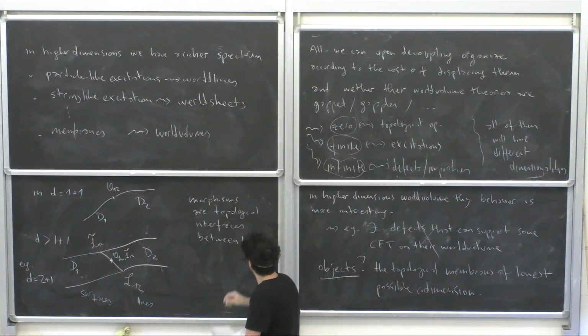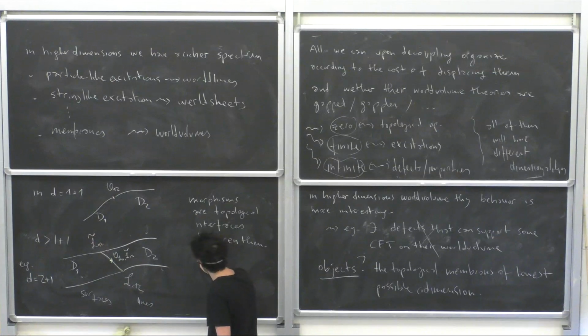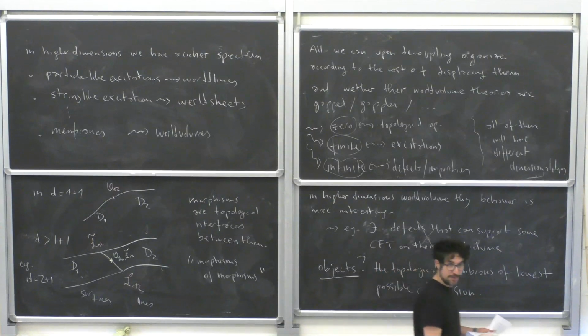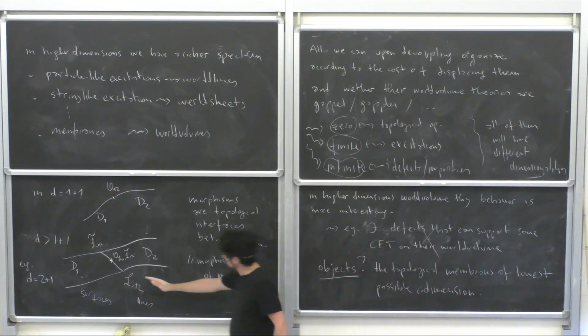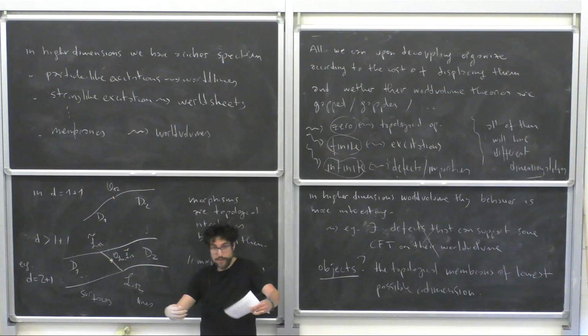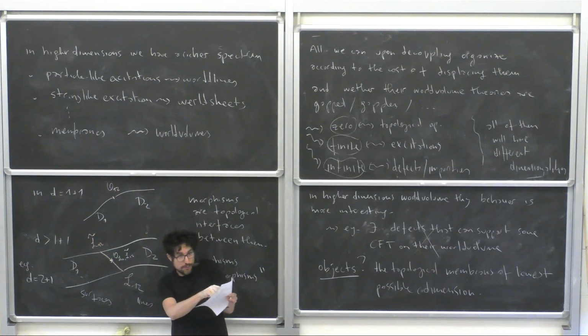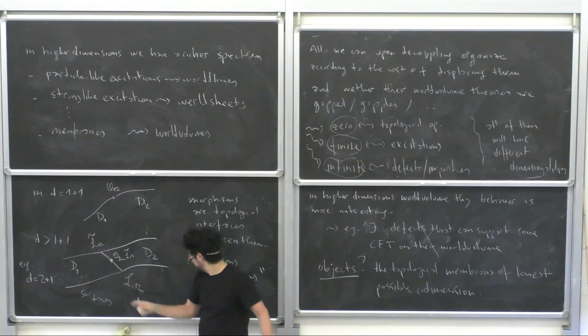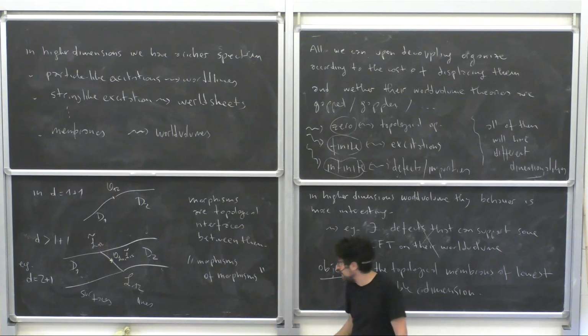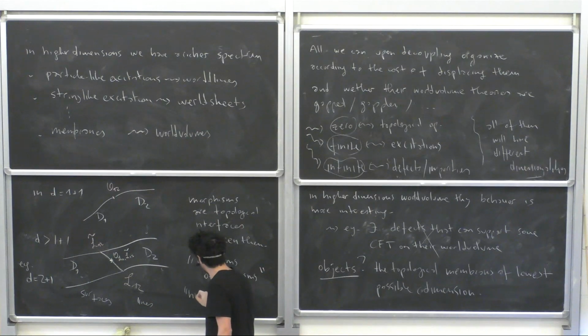So there are morphisms, but there are also morphisms of morphisms. Because each topological interface gives rise to a morphism, but if they have more dimensions, there is room to insert further topological interfaces that are smaller, and they will give rise to a higher structure, higher morphisms, they are called.